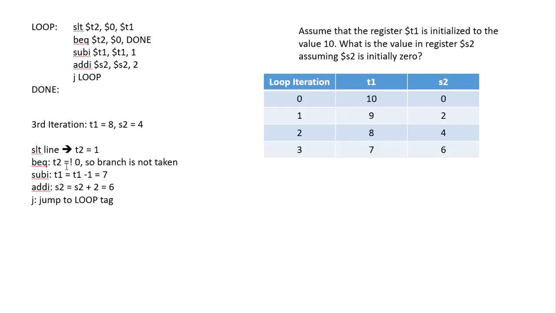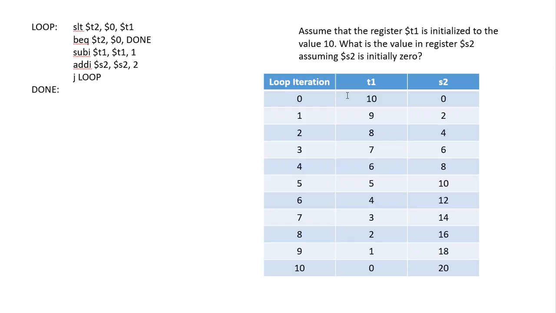So we start looking up here at T2. That's our SLT line, the set less than line, which will be 0 when we have a 0. Even, I guess, equal to 0 would be the first time that our set less than would set T2 to 0. So let's move on up.